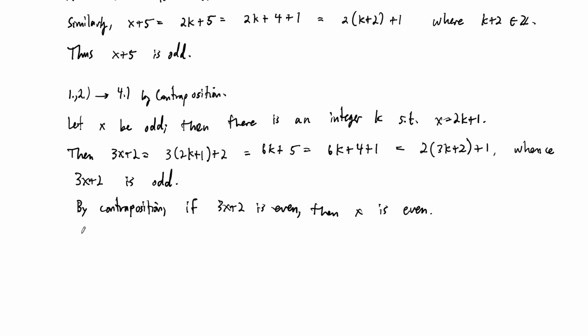One more, same deal here. Now let's say the other one is x plus 5. x plus 5 is now going to be equal to 2k plus 1 plus 5. Well, that's 2k plus 6, or 2 times k plus 3. And we use this funny word whence, which you can use all the time in math proofs, but probably never in real life. But this means that x plus 5 is even.